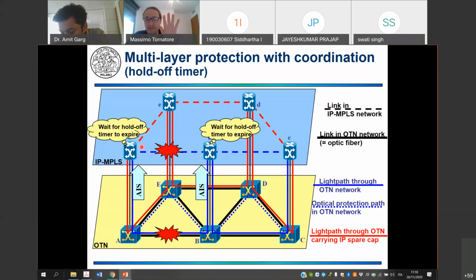This time is needed for this reason. If the physical layer succeeds in solving the problem, the router doesn't act, which is this case here, okay? The physical layer succeeds, and so the router doesn't act. Exactly, they cancel the timer.